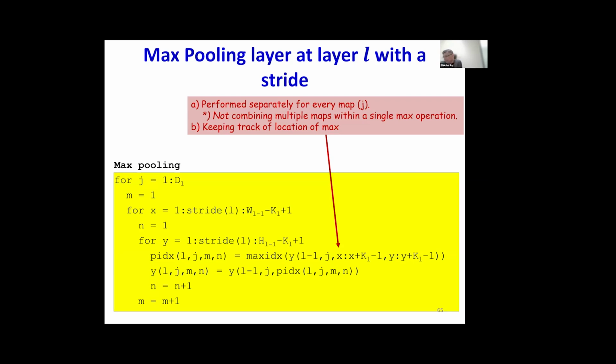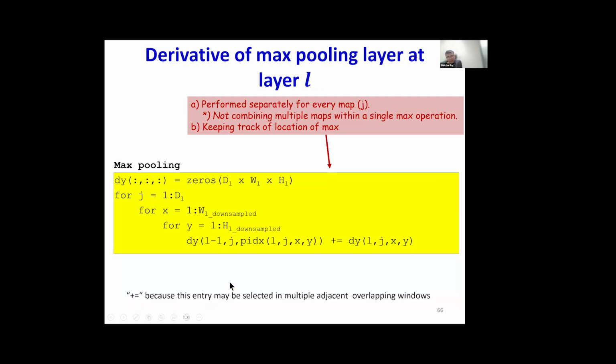Right. So for max pooling, it's even simpler. For max pooling, remember, you're going forward in stride steps, but at each location, you're retaining the location of the maximum value and copying it over. So in the backward pass, it's so simple. All you do is copy the derivative over to the location that the maximum value is copied from.